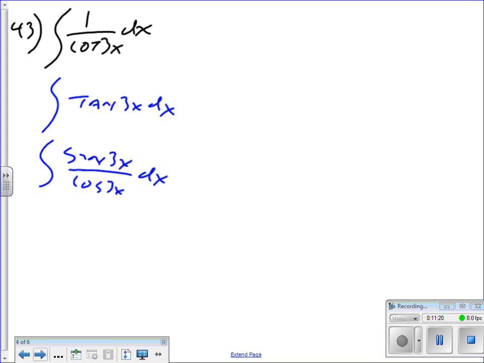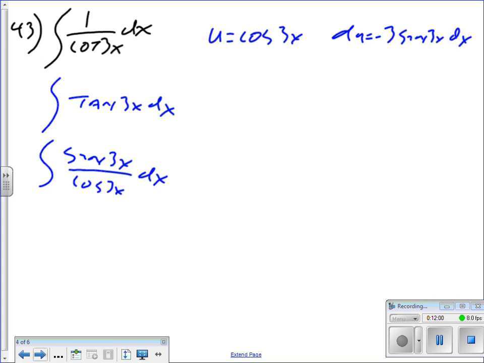Whenever you see tangent or cotangent, yes, rewrite them in terms of sine and cosine, at least in this situation here. Now, what should my u be? Cosine of 3x, let it be your denominator. du equals negative 3 sine 3x dx.